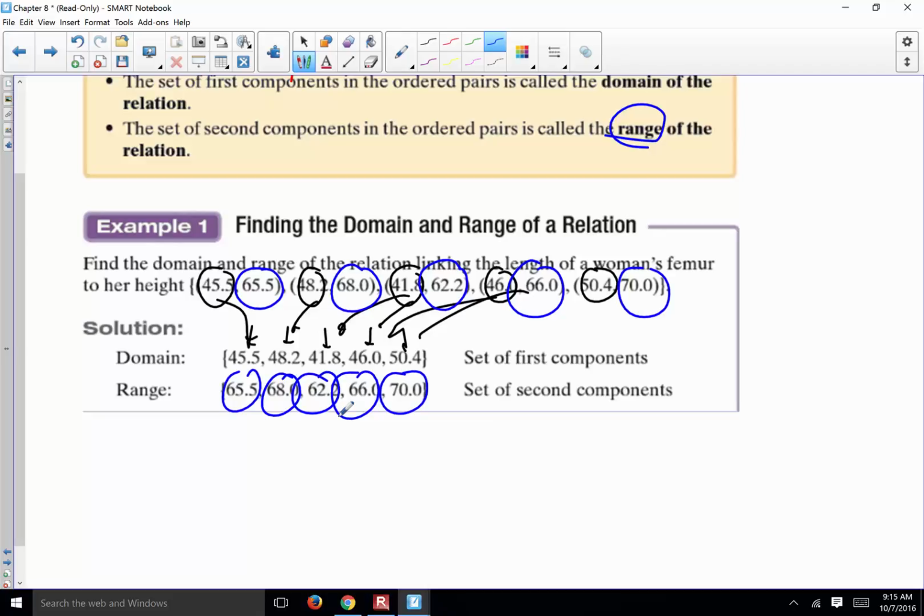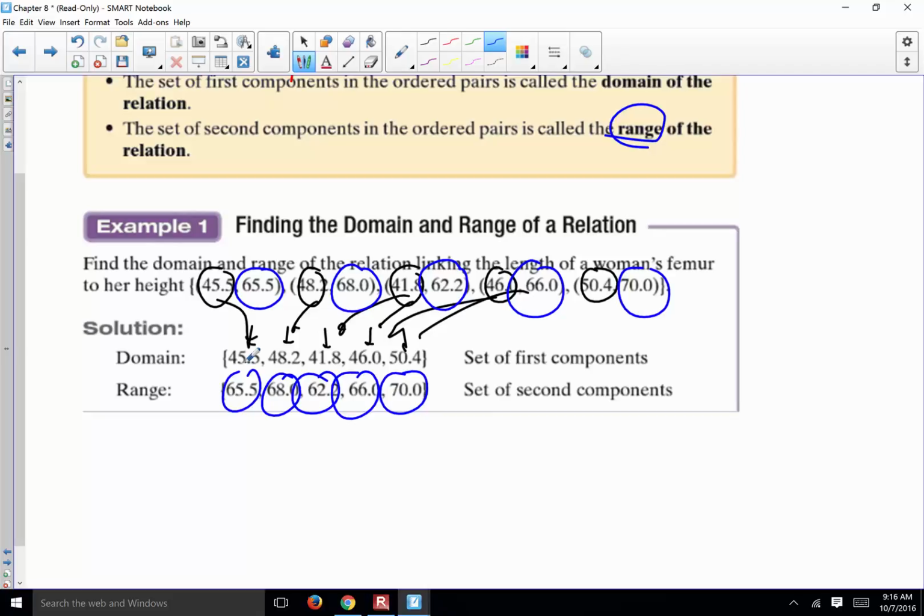There is a clause. No repetition is allowed. Sometimes a number shows up in two different spots, like 45.5 and another 45.5 shows up here, because two different people can have the same femur bone size. Then we don't repeat it twice, you just record it once. Just like a list of classes: you take biology, you take math, but we don't make a separate list in the registrar's office.